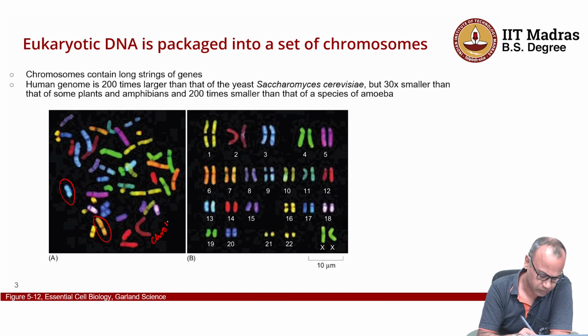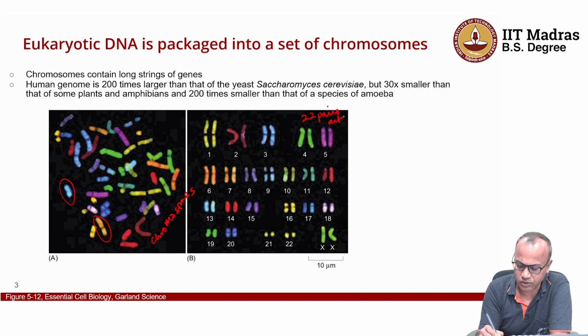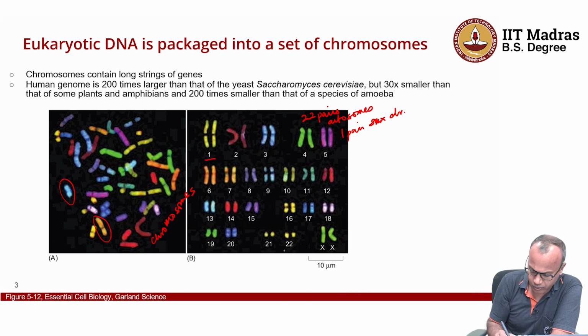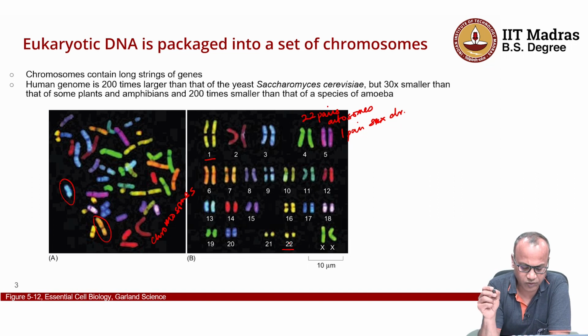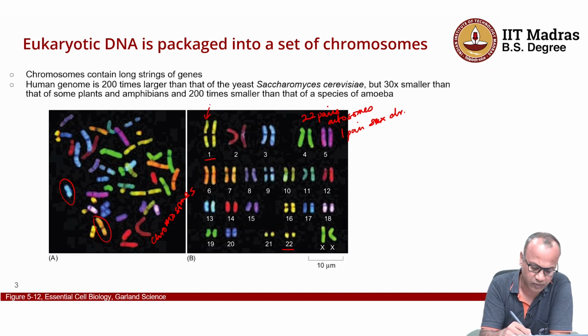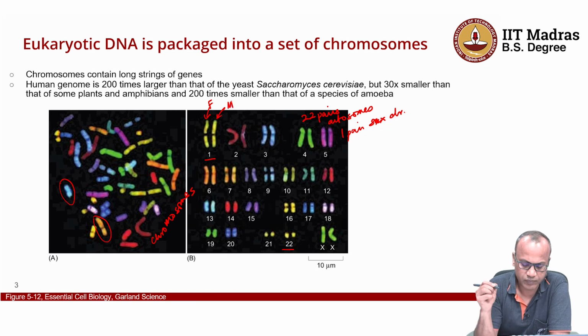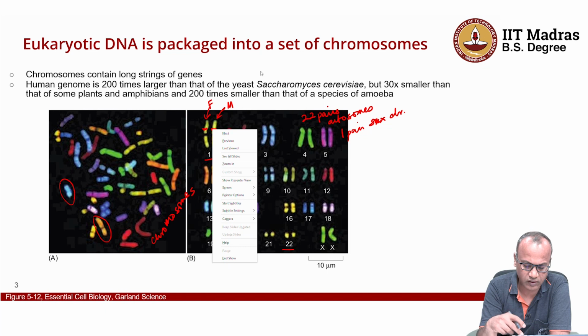Humans have 22 pairs of what are called autosomes and 1 pair of sex chromosomes, which means from 1 to 22, each pair of chromosomes is identical. One you get from your father, the other from your mother, so they are paired in that sense. For each copy on the paternal chromosome, you have a copy on the maternal chromosome.